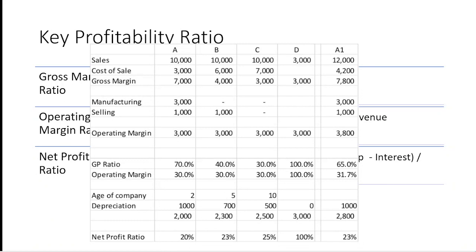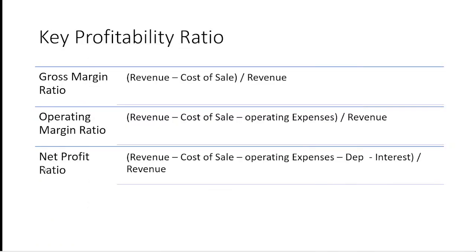So you need to be careful when you are comparing: what are the accounting policies, how they are charging the depreciation, how old is the company, how they are financed, and whether they are using the assets by themselves or using leased assets.